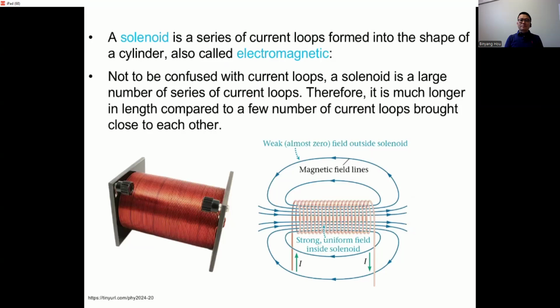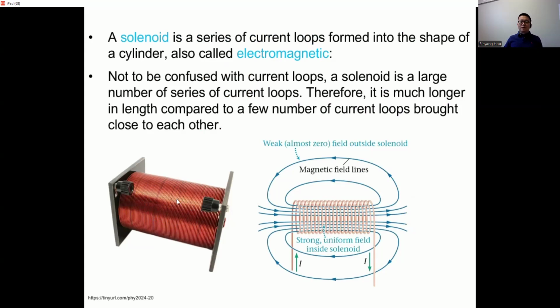All right. Now, a lot of times you will have a lot of loops stacking up. A device called a solenoid is something like this. You have a wire and you wrap it around a cylinder. So then you have many loops stacking up, hundreds, sometimes maybe even thousands of loops. In that case, if you send a current through there, you'll generate a magnetic field around here.